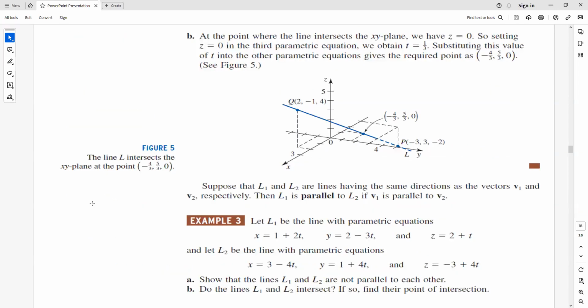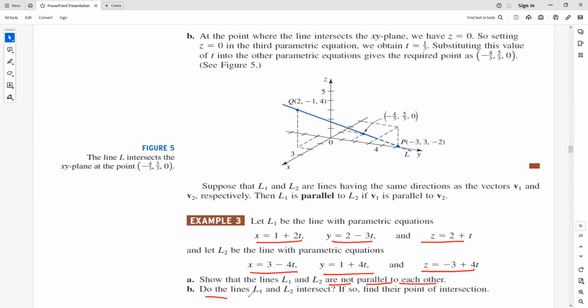Now, example 3 is also associated with this topic. We are given the parametric equations of two lines, and we need to show that these lines are not parallel to each other.